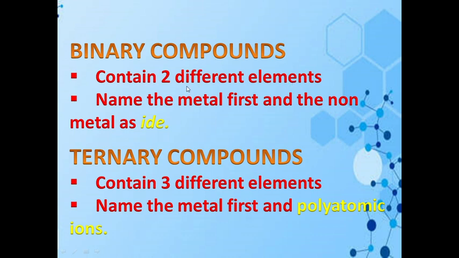It is named with the metal first and the non-metal as -ide, so it is composed of a metal and a non-metal. While ternary compounds contain three different elements, and are also named with the metal first, or the cation, and it is always attached to polyatomic ions.